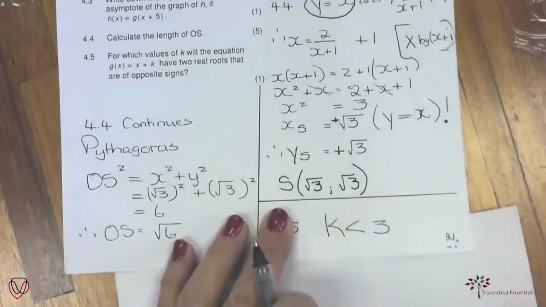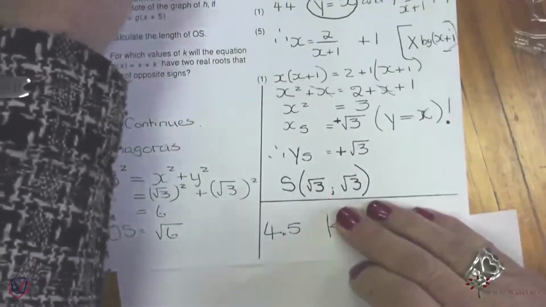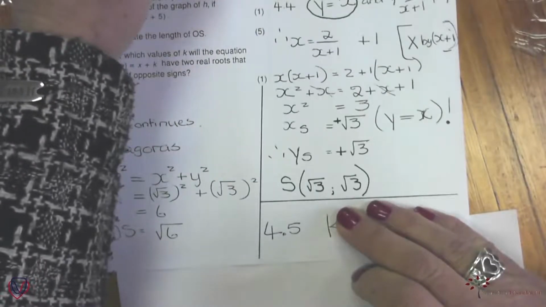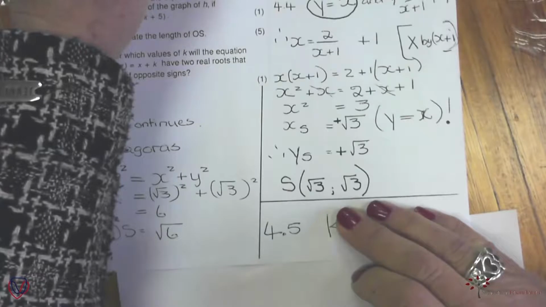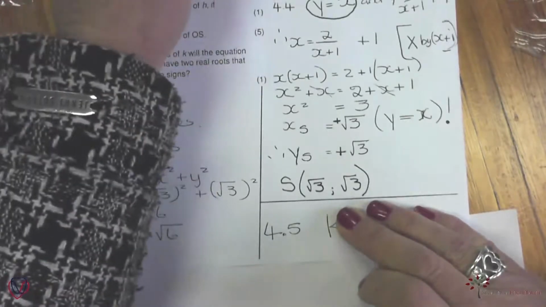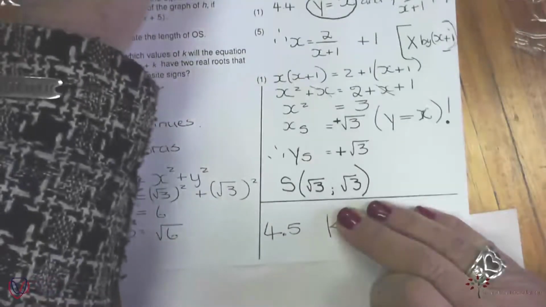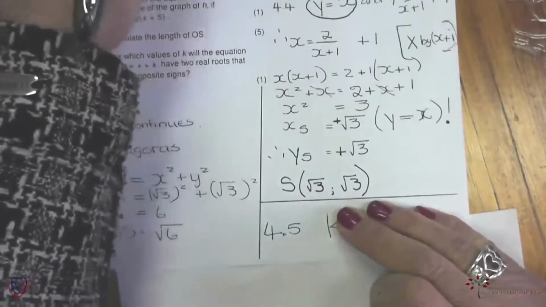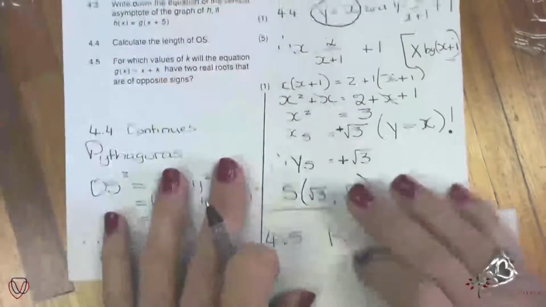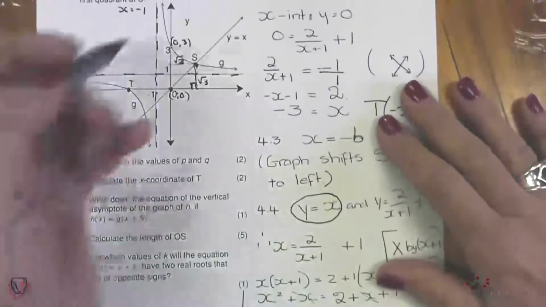I used Pythagoras. Because now if you look here, there's the origin. This is definitely going to be 90 degrees if I draw the line down there. The length of that one is square root 3, and the length of this one is square root 3. Because the x value is square root 3 there, and the y value is, oh, I'm explaining the graph without your sketch. Let's do it quickly again.